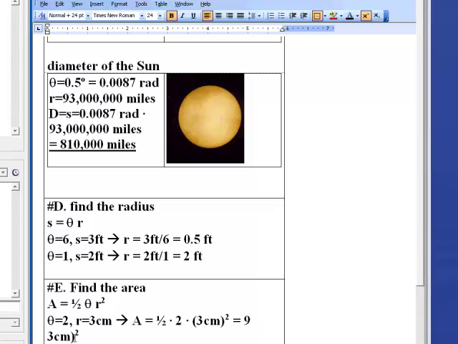Because the 1/2 cancels the 2. And the other one is going to be 1/2 times 3 times 2 centimeters squared.